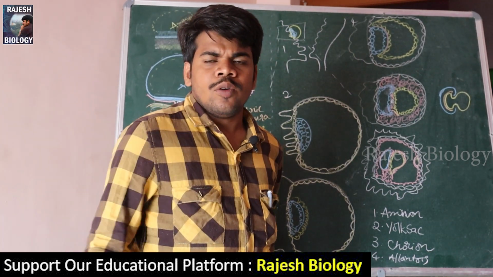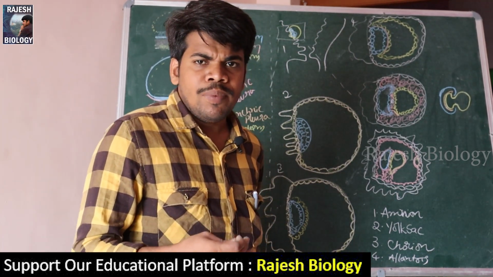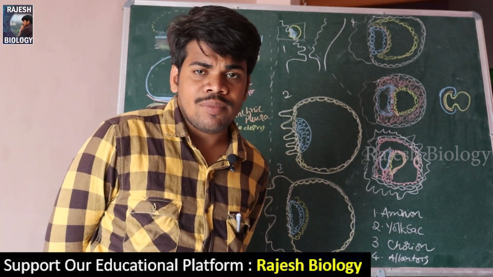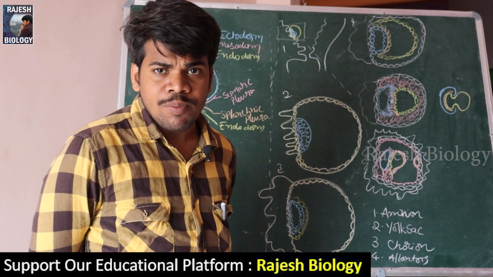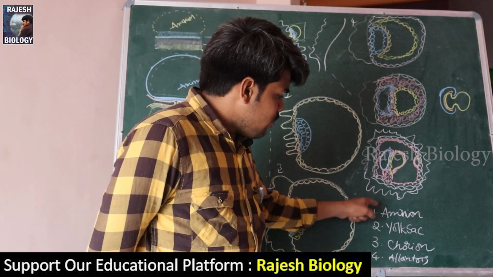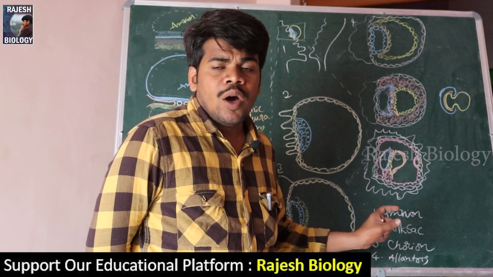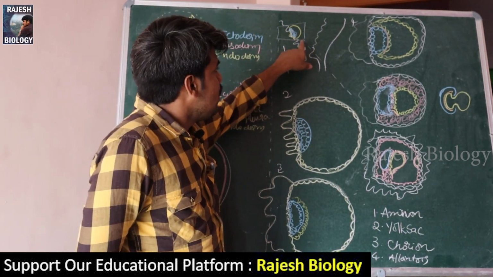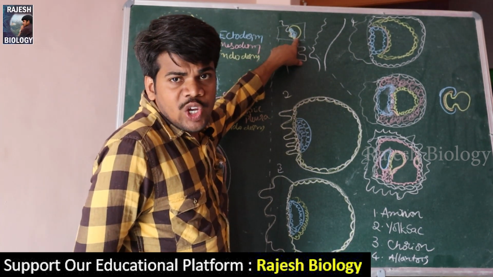We will start from the beginning, at the time of implantation on the 6th day. From that day we will go step by step through where these four membranes are formed and how they develop. Just draw an implantation diagram.